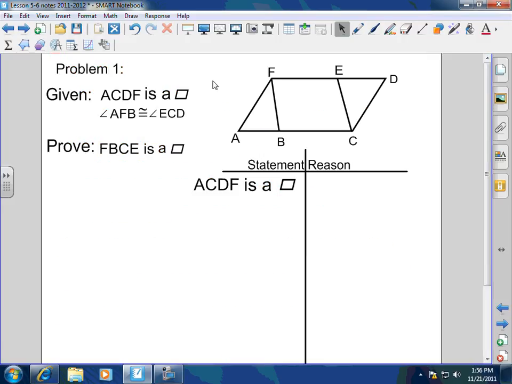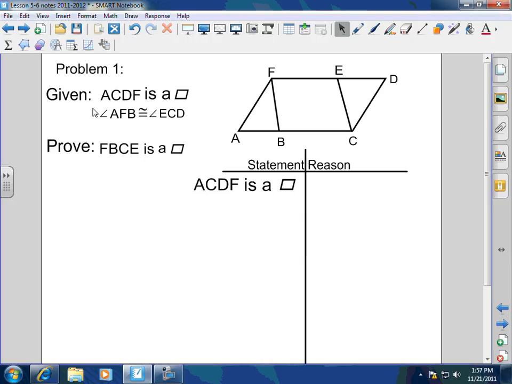Okay, let's see how this works. We're given that ACDF is a parallelogram, and angle AFB is congruent to angle ECD.